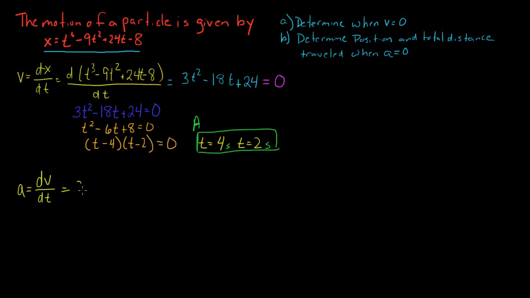So the derivative of 3t squared minus 18t plus 24 with respect to time, dt. We can do this out, and this derivative is 6t minus 18.